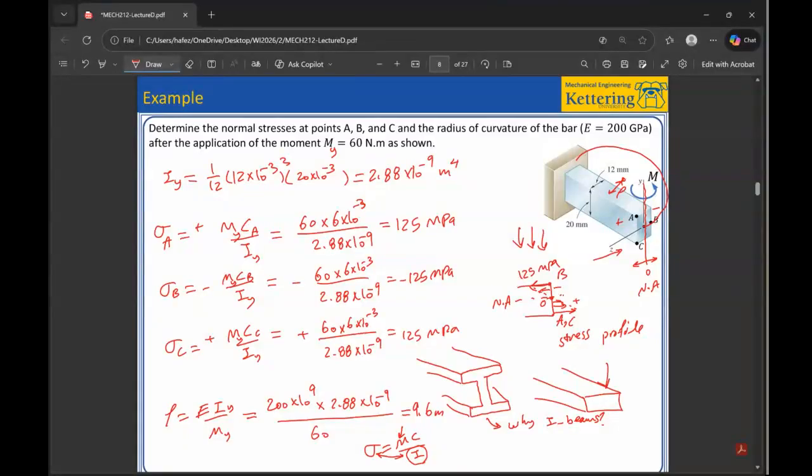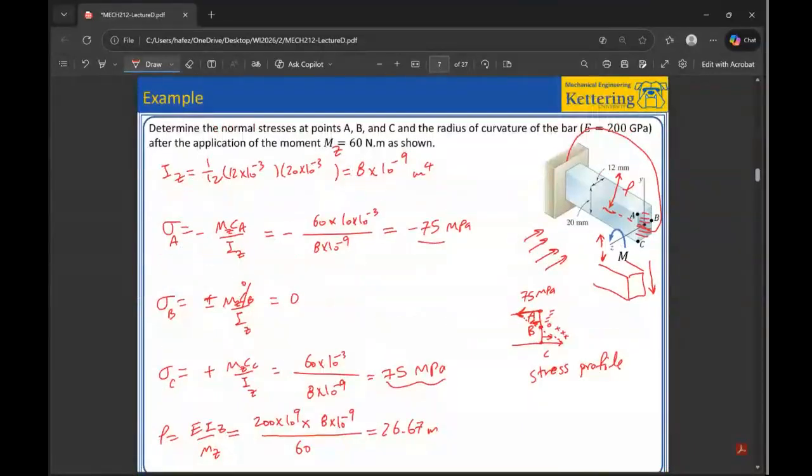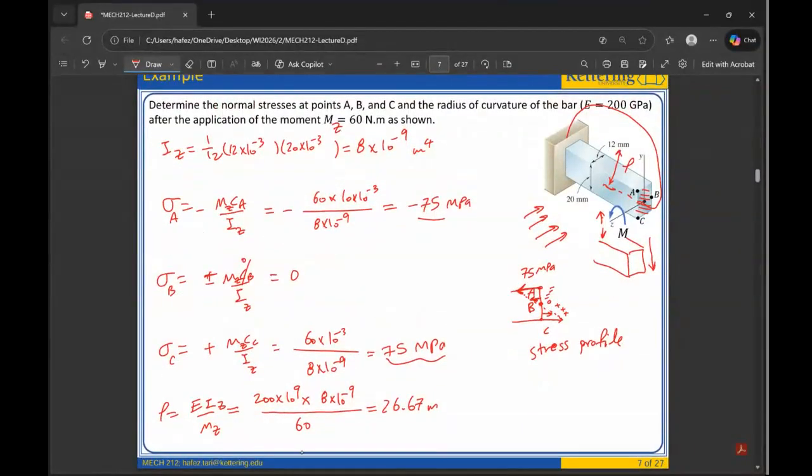Now, we learned that if we look at the I value in this case, the more the I value, this component is being cubed. And we learned by stress here that at point B, if we look here at B, there was no stress.